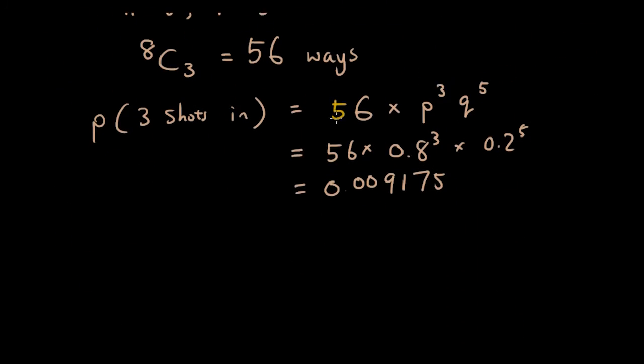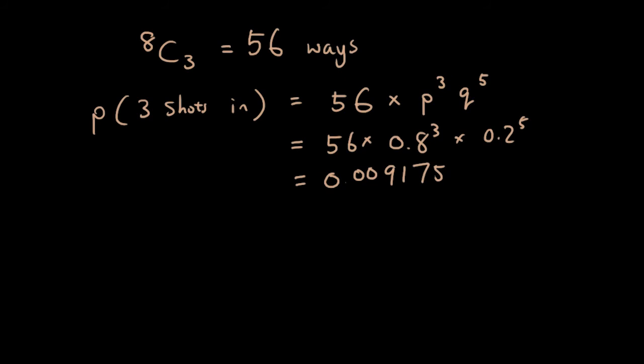So the problem is 8C5, all right, because we're trying to get 5 shots in. And how many shots do we have going in? So that's probability of success to the power of 5 times we got 3 shots fail, so Q to the power of 3.